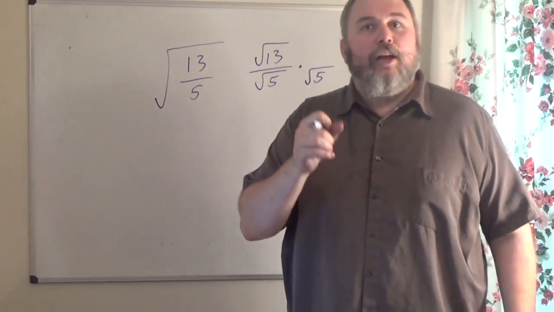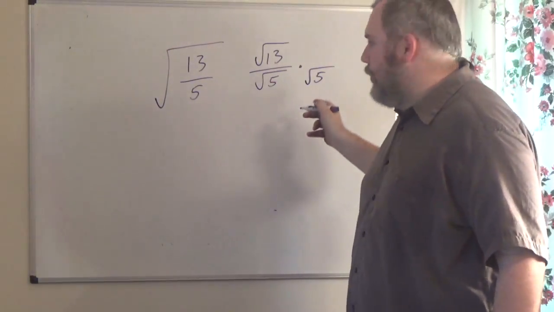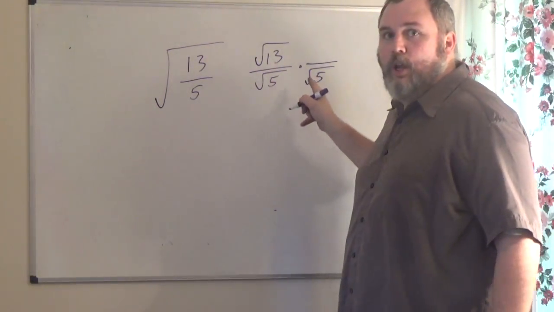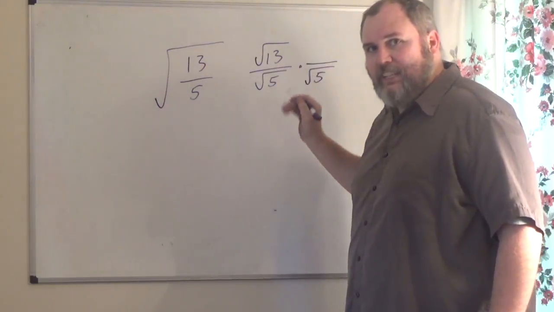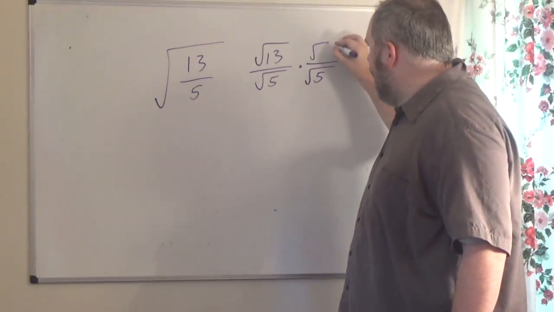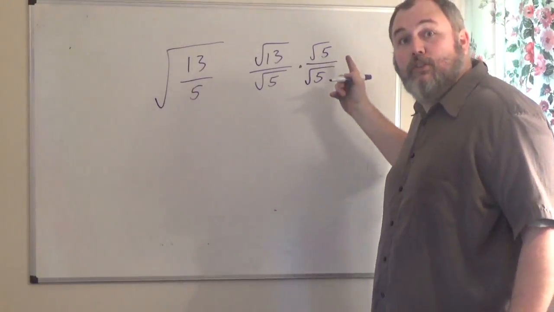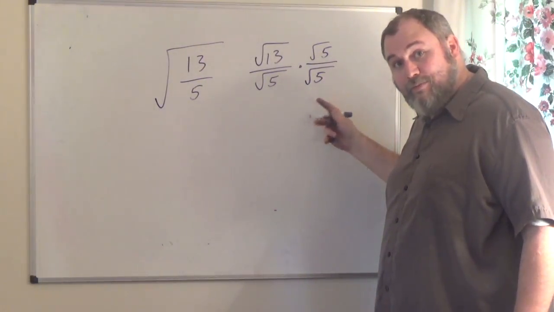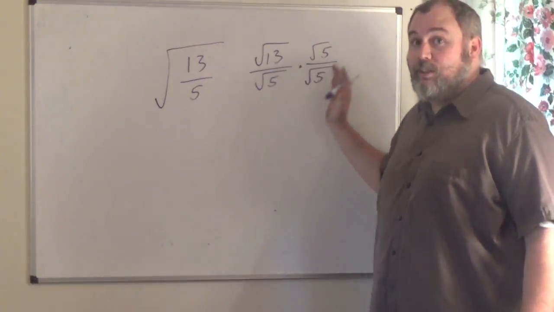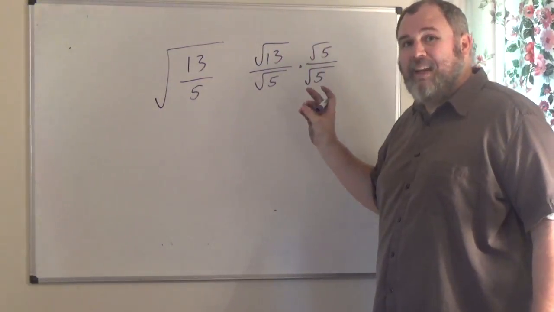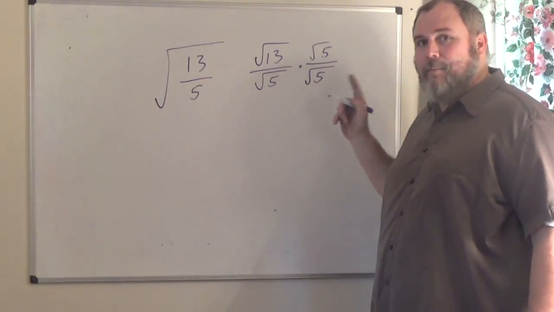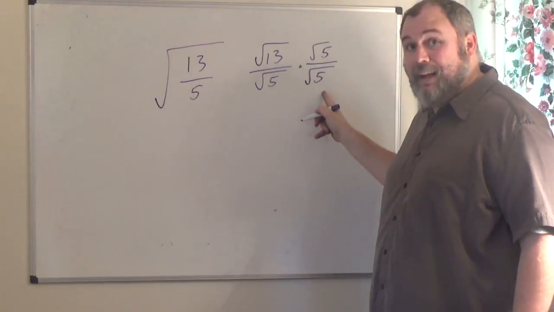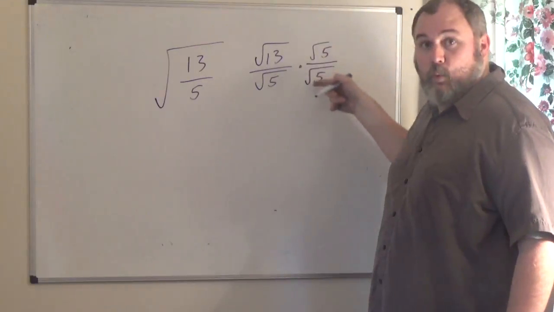Same concept is happening here. In order for me to get rid of this without physically changing the number, I need to multiply it by the number 1, because the square root of 5 divided by the square root of 5 is 1. So it's not going to change anything, it's just going to make it look different. So I'm rationalizing the denominator by multiplying it by itself as a 1.